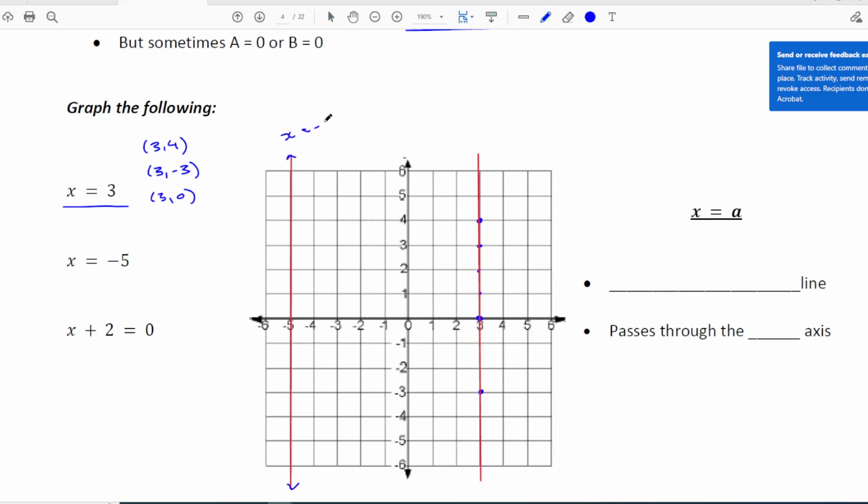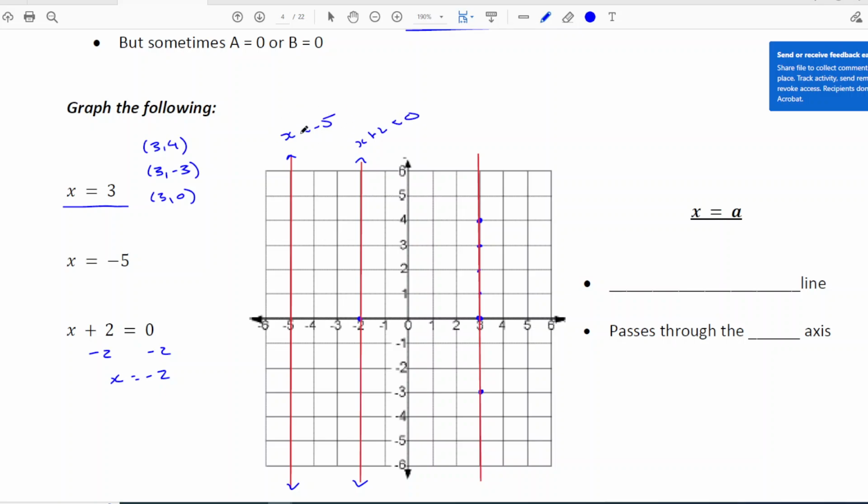The only thing they can do to kind of mess you up is put the number on the other side. If I ask you to graph x plus 2 equals 0, you'd subtract 2 and say, hey, x equals -2. Wherever y is, x is -2. So I usually put a dot at -2 and I just draw a vertical line. So this is my graph of x plus 2 equals 0.